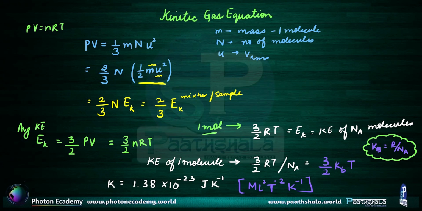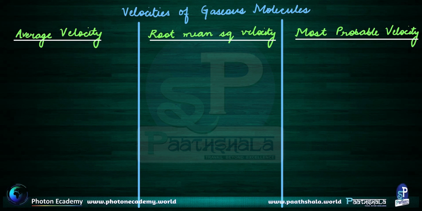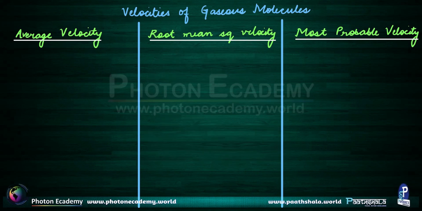So here we have derived the expression for the kinetic energy in terms of the RMS speed. Now we'll try to know what the RMS speed is, or what the different kinds of speeds are that we define for a given gas sample. The first one is the average velocity. The average velocity, as the name suggests, is the weighted average of all the velocities.